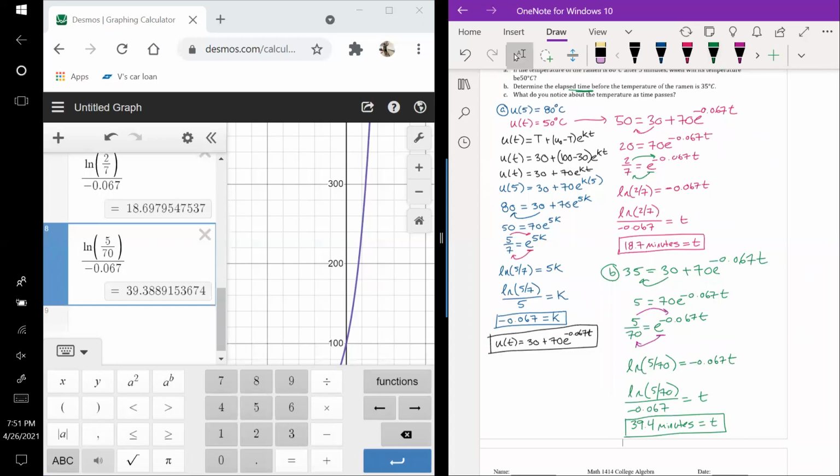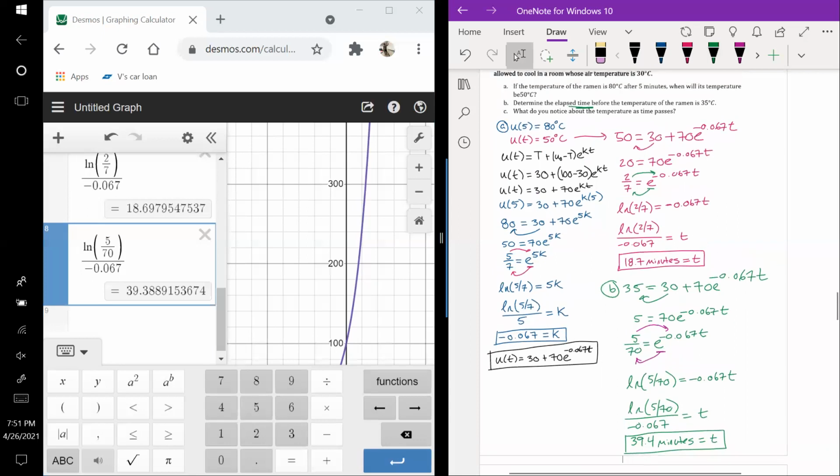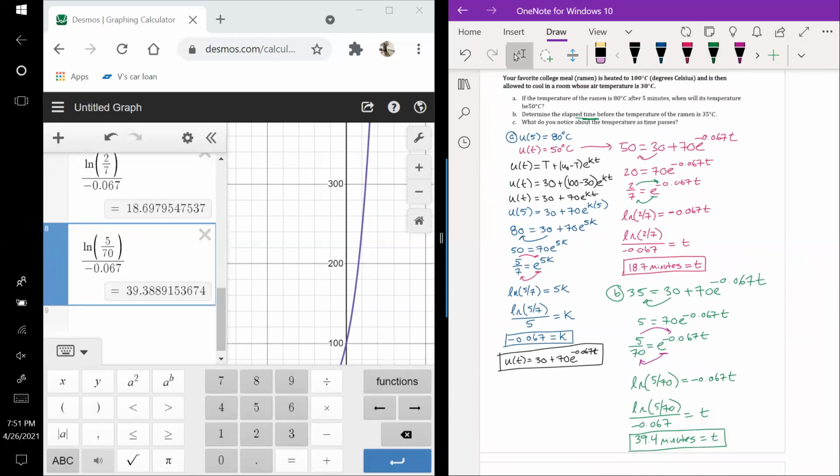What do you notice about the temperature as time passes? Well, this goes for anything sitting at room temperature. As time passes, what temperature will the ramen finally be at? What's our room temperature? Room temperature is 30.